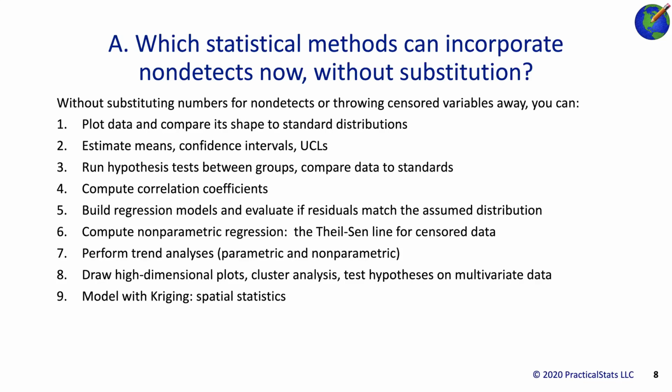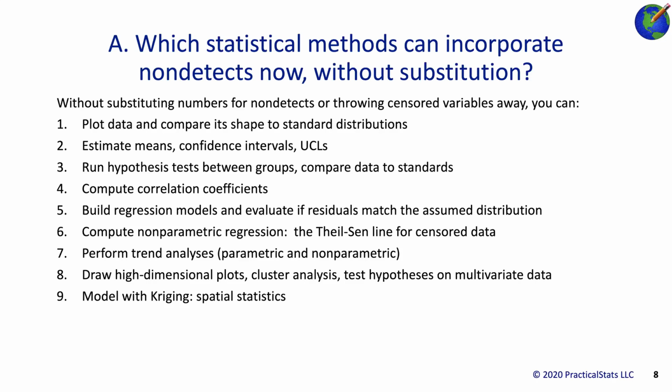So you can go ahead and use that and perform trend analyses, parametric ones with regression, non-parametric ones with the ATS, the Akritis-Thiel-Sen line. You can do the seasonal Kendall test. You can draw multivariate plots, do cluster analysis, test hypotheses, whether groups are different when your y variable is actually 31 different variables or 103 different variables.